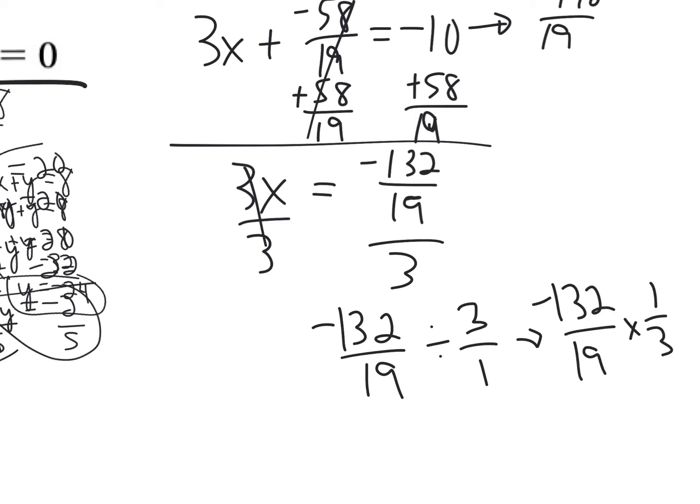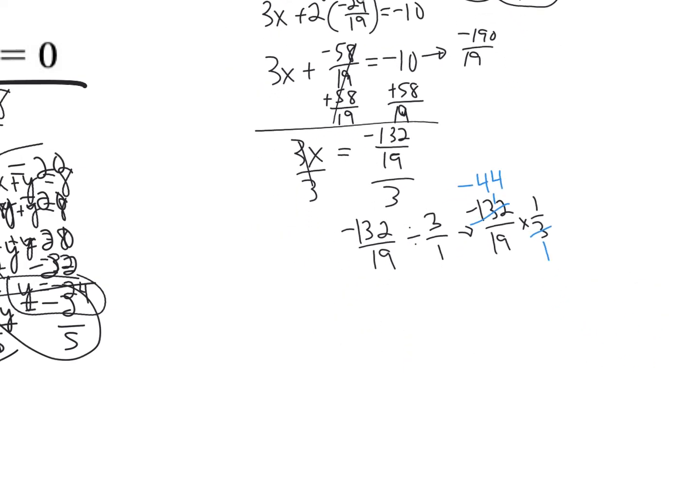And negative 132 is divisible by 3, because 1 plus 3 plus 2 is 6, which is divisible by 3. So that would be negative 44/19. So that one we end up with negative 44/19 and negative 29/19.